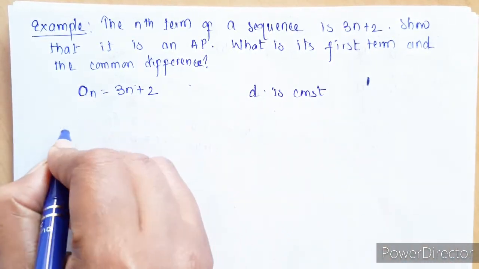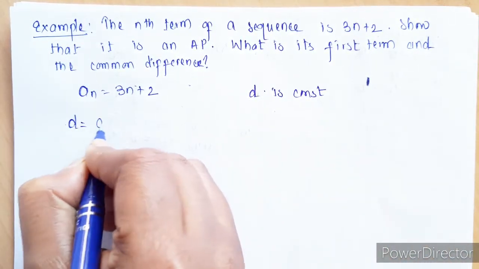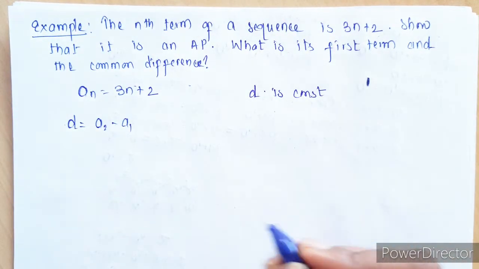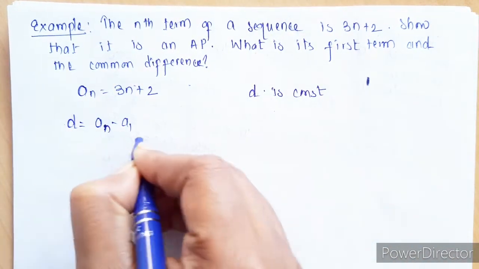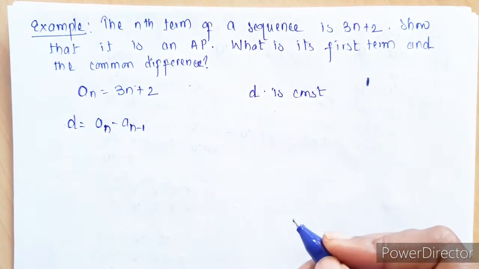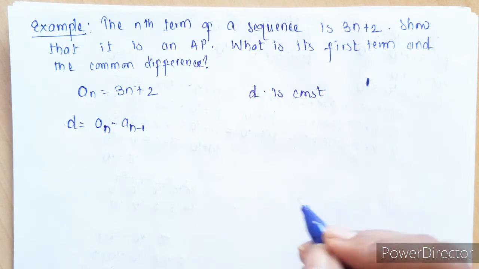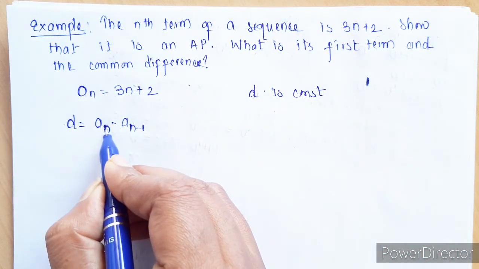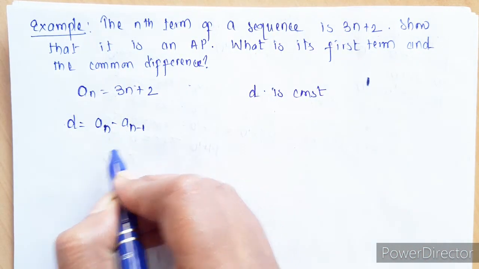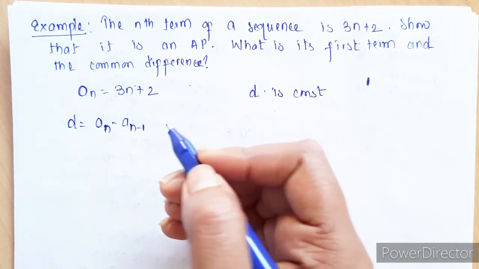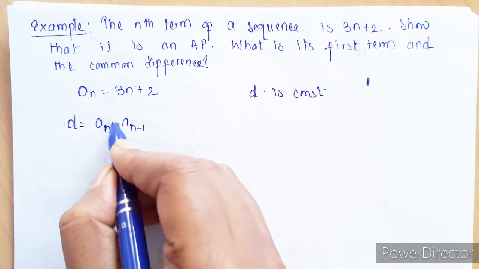How do we find the difference? It is a2 minus a1, or a3 minus a2, or in general an minus an minus 1: the next term minus the previous term. So n is 2, giving a2 minus a1, a3 minus a2, a4 minus a3 and so on.